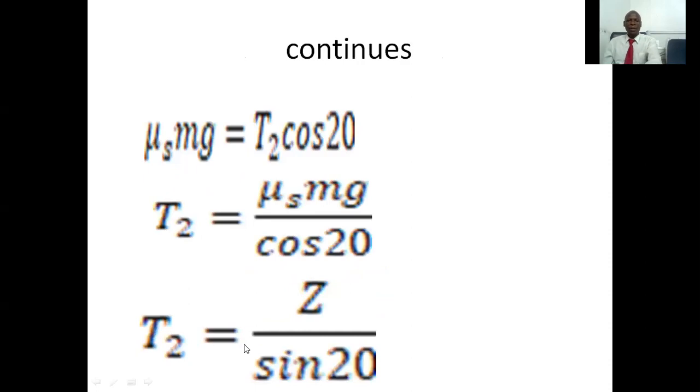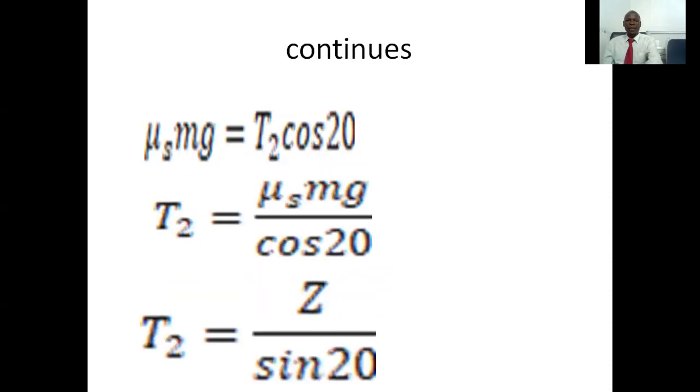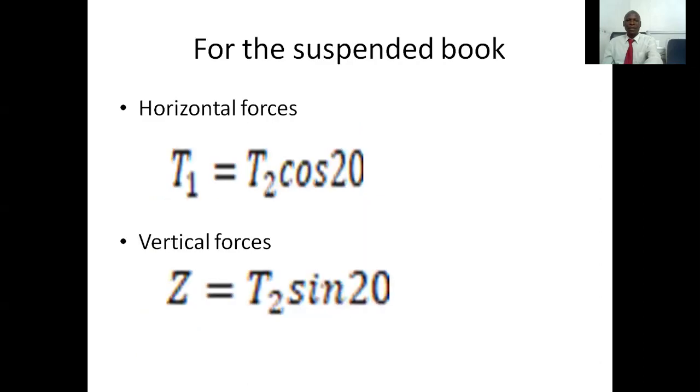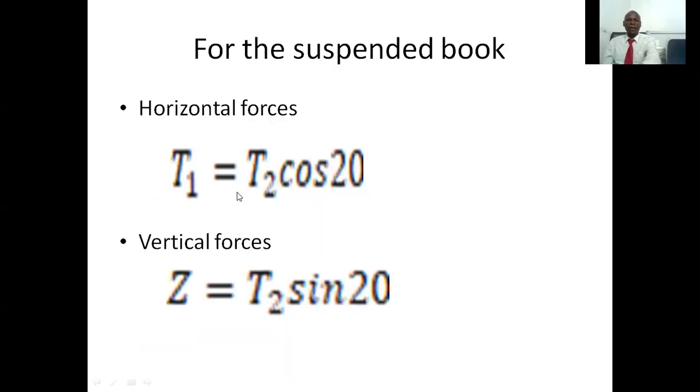And so, as we indicated, T1 is equal to mg times the coefficient of static friction, this one. Remember, we calculated it above.